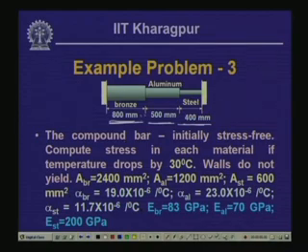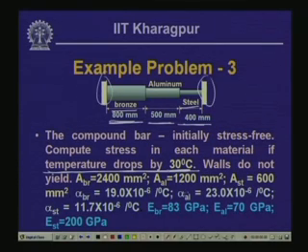We will have to find the stress in each part of the compound bar, made out of bronze, aluminum and steel, when the temperature drops by 30 degree centigrade. Considering that these walls do not deform, we will have to find how much stress this bar undergoes because of the drop in temperature.